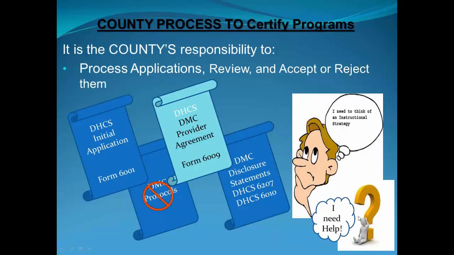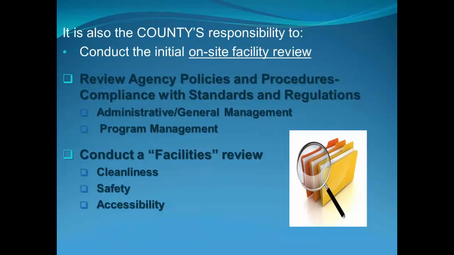My little note down there, I need help, will really be an indicator that frequently providers need help and assistance with completing these. It's going to be probably the process that the county can adopt with how much technical assistance they would give providers, if any at all. So that's totally an option.